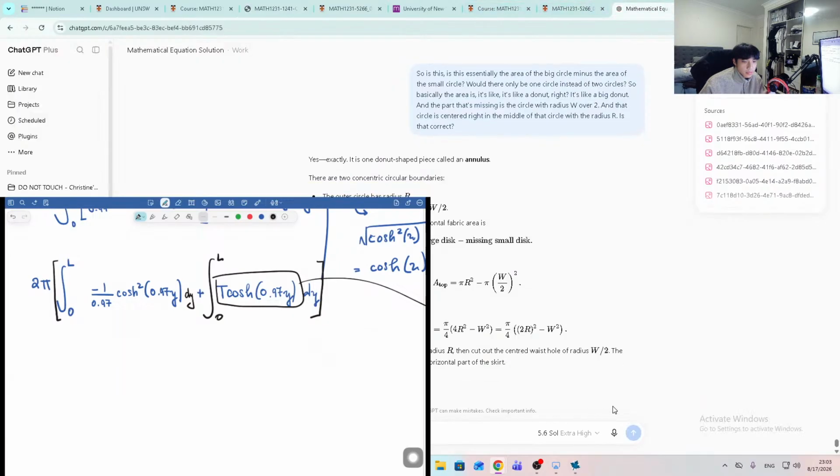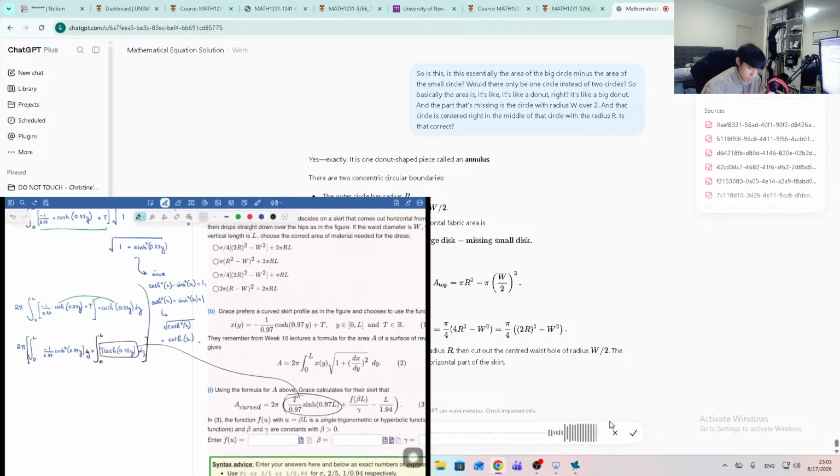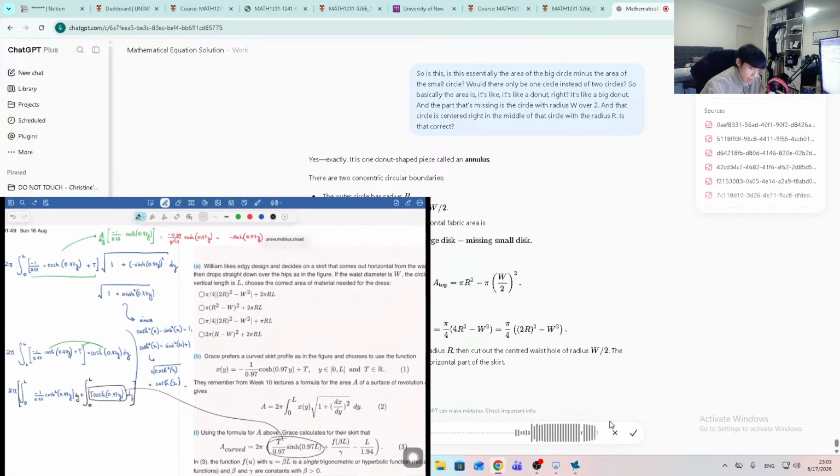ChatGPT it is. Alright, now I'm trying to integrate. I have 2 pi times the integral from 0 to L of the quantity of minus 1 over 0.97 times the cosh function of 0.97y plus t, close the quantity, times the square root of 1 plus the derivative of the function we just talked about, which would be minus sinh, right?